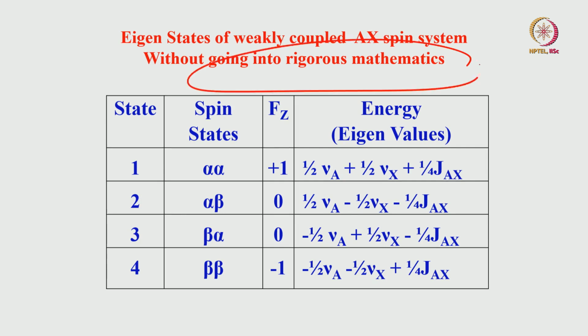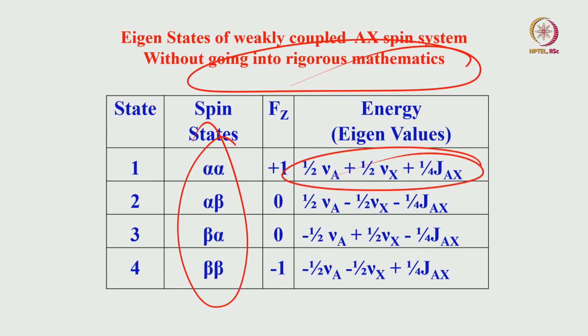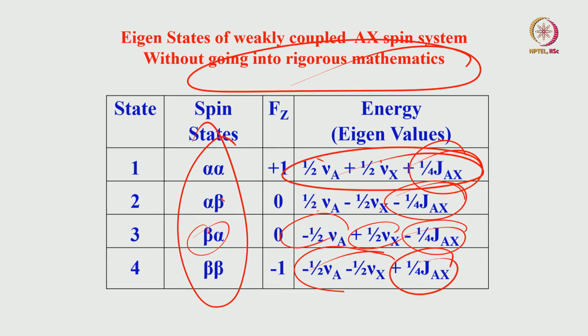Without going into rigorous mathematics, I tell you the 4 energy states, alpha alpha, alpha beta, beta alpha and beta beta, are like this. For the first, you can calculate the eigenvalues: half nu A plus half nu X plus 1 by 4 J AX. For this one, half nu A minus half nu X minus 1 by 4 J AX. For this one, minus half nu A plus half nu X minus 1 by 4 J AX, whereas for this one both are minus half: minus half nu A minus half nu X plus 1 by 4 J AX.